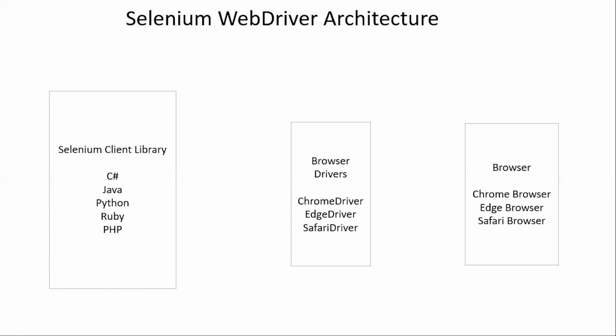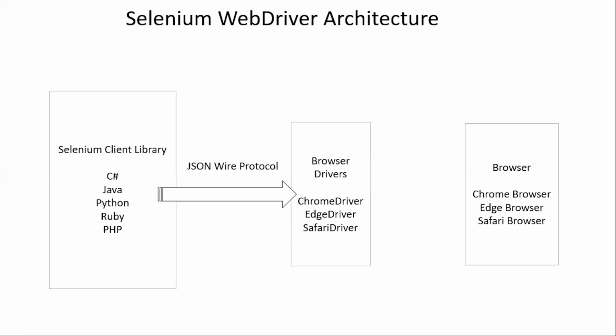Every browser provides an executable file, which we call a browser driver instance. Some of them are Chrome driver, Edge driver, Safari driver. For every browser you will have one executable file. Then Selenium sends the command to these executable files using the JSON wire protocol.